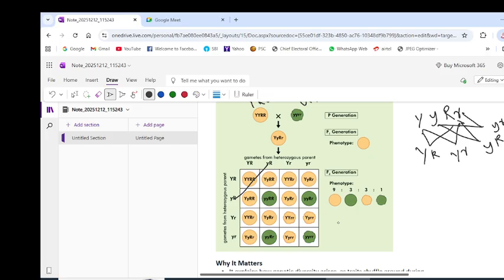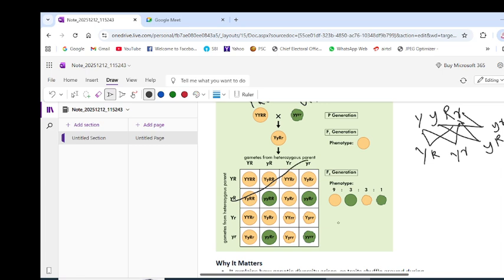So these genes come together. What happens? Green round. This is a new combination, which is totally different from the parent gene combination. A new combination was formed, that was green round. And again these two crosses give yellow round.